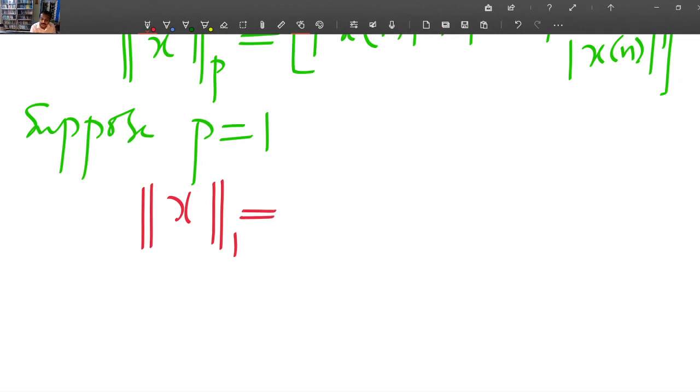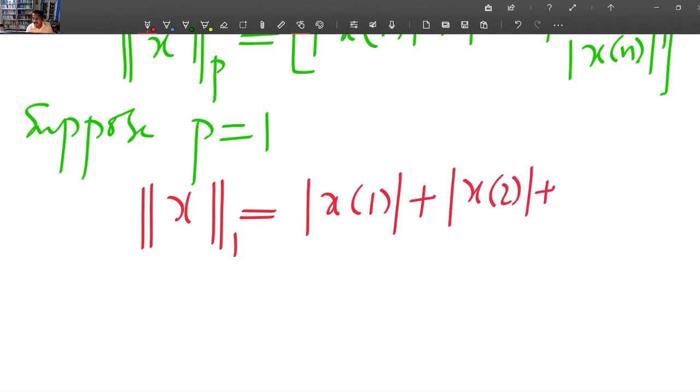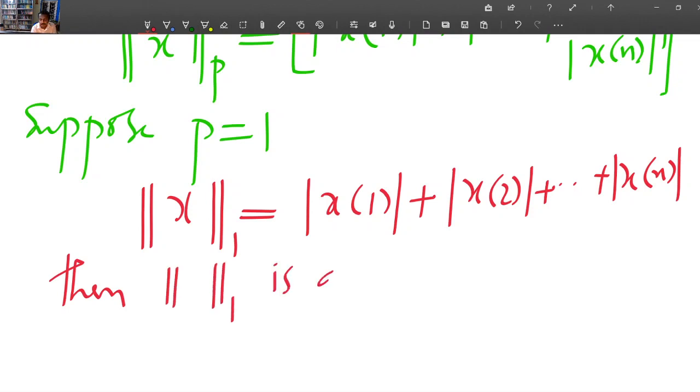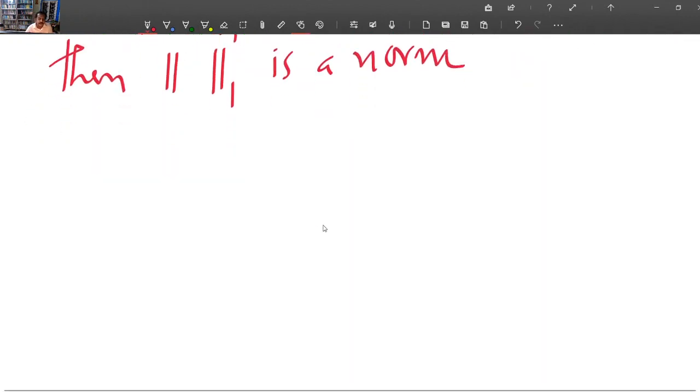This is equal to modulus of x of 1 plus modulus of x of 2 plus etc. plus modulus of x of n, and you can see that this is a norm. We are going to prove that.